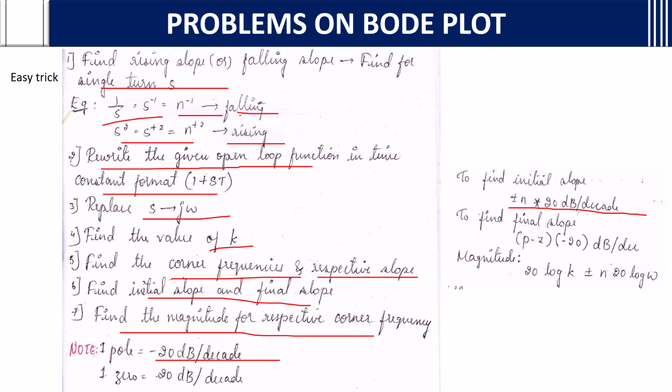The final slope is poles minus zeros into minus 20 dB by decade. Magnitude, as you know, the formula is 20 log K plus or minus n 20 log omega.